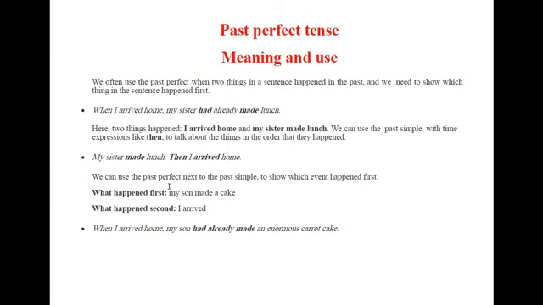We can use the past perfect next to the past simple to show which event happened first. What happened first? My son made a cake. What happened second? I arrived. So my son made a cake when I arrived.